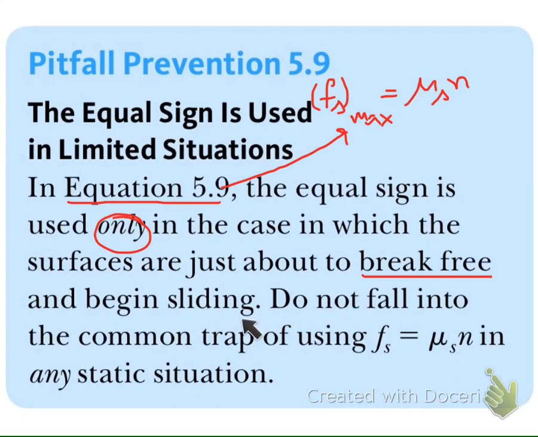Do not fall into the common trap of using Fs equal to mu s N in any static situation, because this equation is valid only for the maximum value of the static friction, not in general.